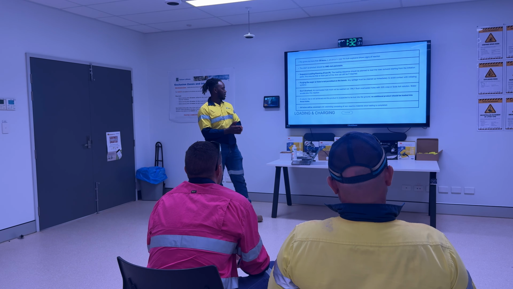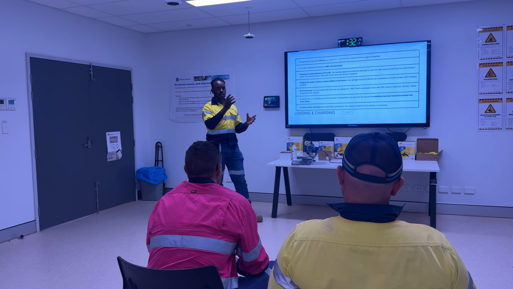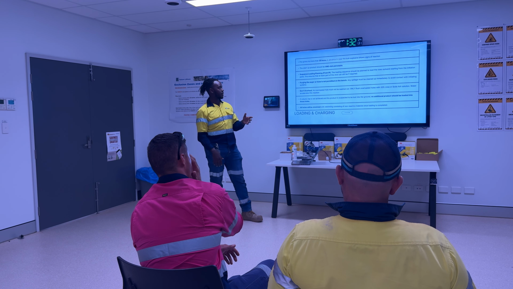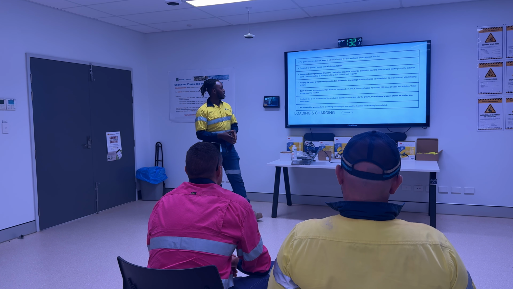Now, during loading, we should pre-prime no more than 25 holes. This allows us to tie it in and blast it if we had to. You do not want to have reactive ground, need to blast, and have holes that are not planned. We use any rich products that are stable.